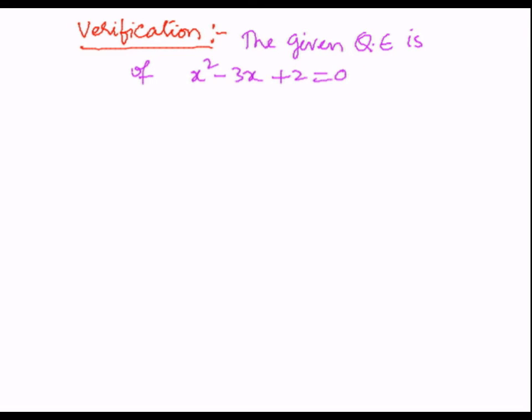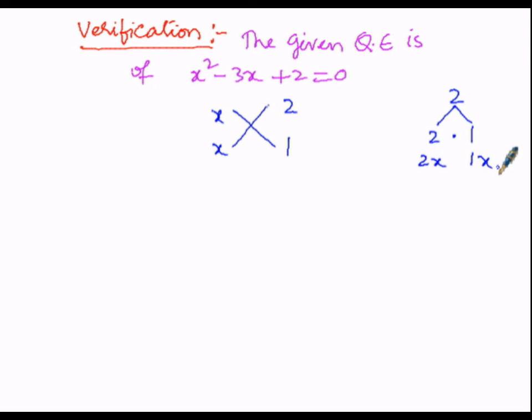Let us solve this quadratic equation by the cross method. x square can be written as x into x. Then 2 can be split as 2 into 1. So 2 ones is 2. We need minus 3x as the middle term, so this is 2x, then this is 1x.